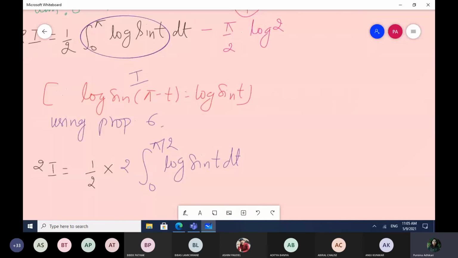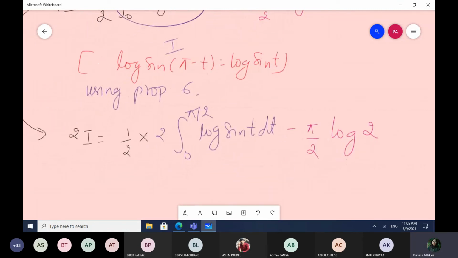Two times integral 0 to pi by 2 log sin t dt minus the other as it is. We are not making any changes. So what next? You all will tell me. Now I will stop here. You all will tell me what's going to happen next.